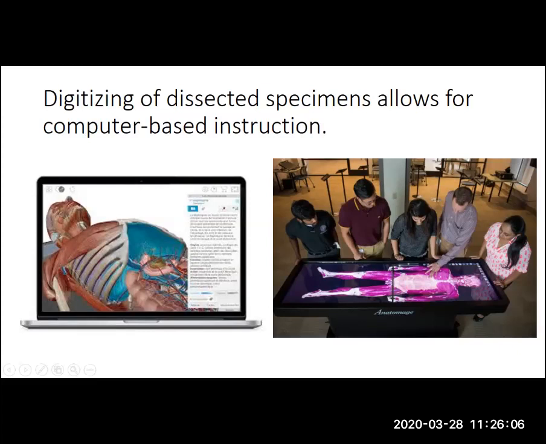However, both these computer programs and these digitized anatomy tables require previous dissection, require previous collection of the data and understanding of the data in order to be able to program or build these techniques for training clinicians, for training individuals on how the human body is going to be working.